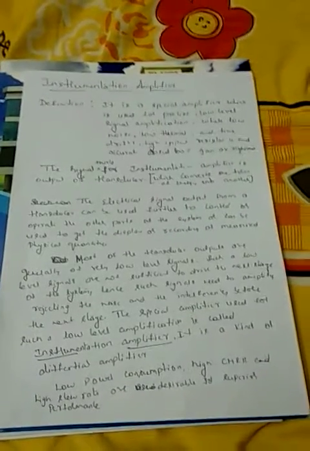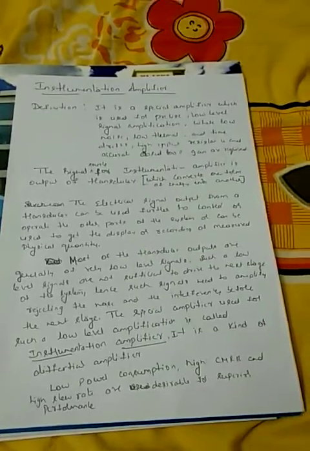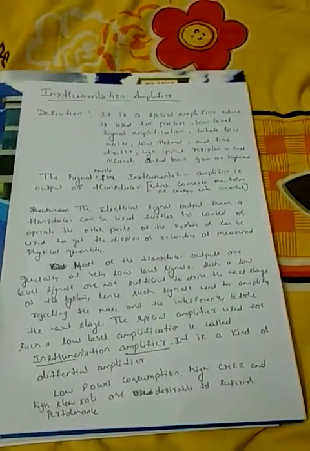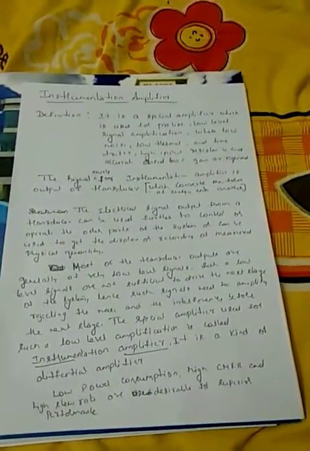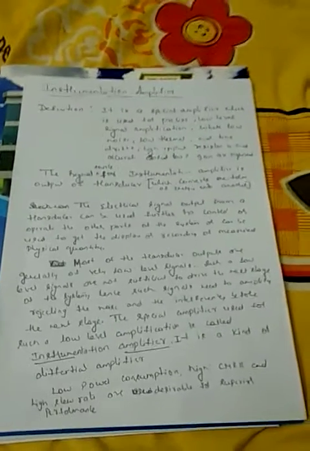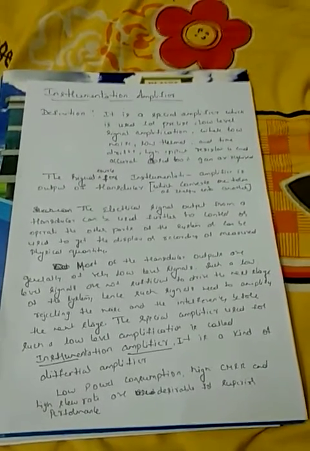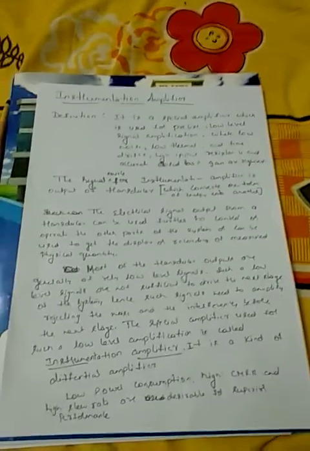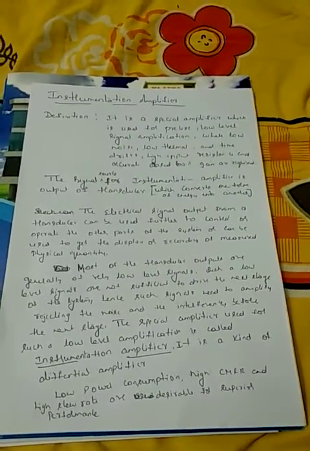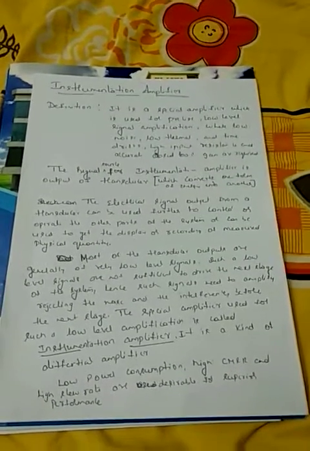So the output of the transducer is an electrical signal. These electrical signals are used to control the next stage or other parts of the system, or to be displayed or recorded.